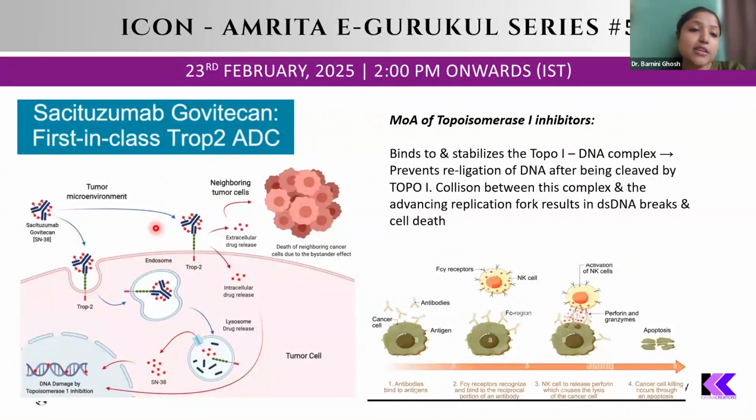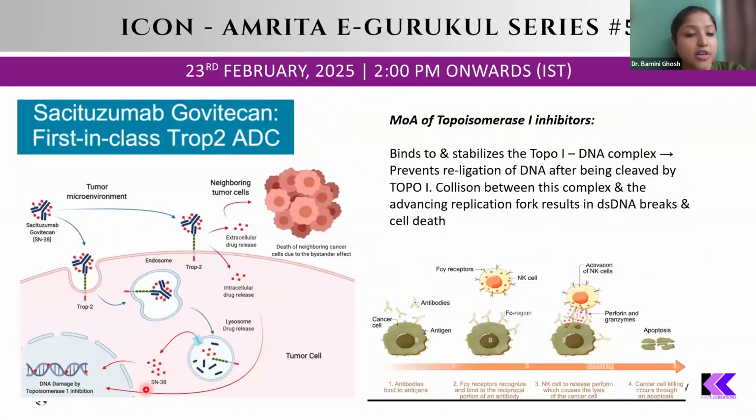So I'll now explain the mechanism of action of this drug. First, I will explain the mechanism which is common for all antibody drug conjugates. That is, when an antibody drug conjugate binds to its particular receptor, this entire receptor drug complex is internalized within the cell. Then there is intracellular lysosomal degradation with release of the cytotoxic payload within the cell.